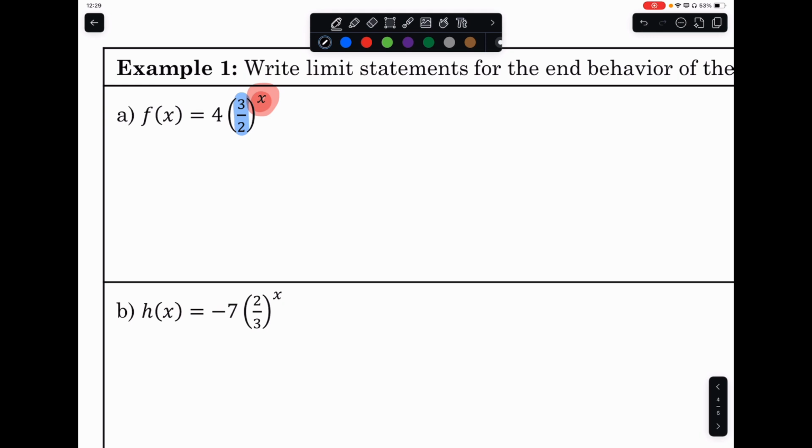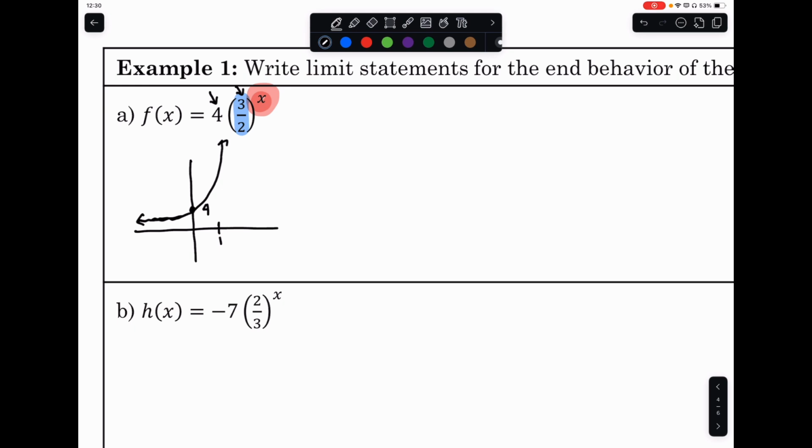So here we have an exponential growth function that is above the horizontal asymptote because our y-intercept is a positive 4. So the graph of this function will look like this. We'll cross the y-axis at 4, and the graph is going to move upwards, okay? Now, in order to graph this function, as you'll be required to do in your assignment, I just simply have to multiply this value of 4 with the common ratio and see what that value is going to be.